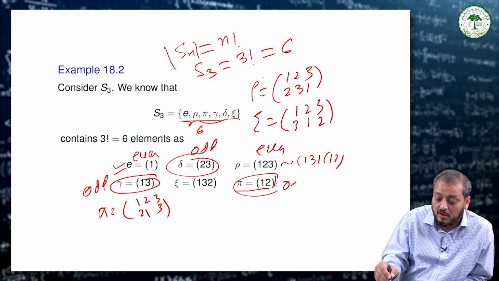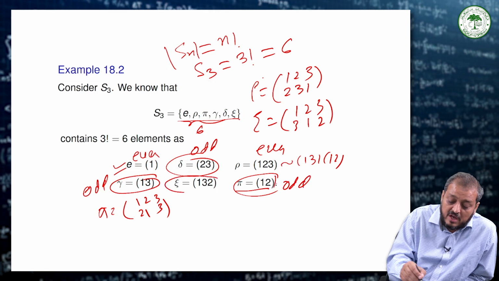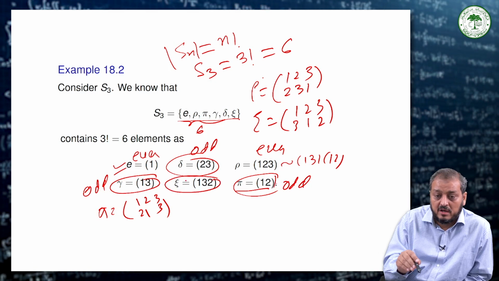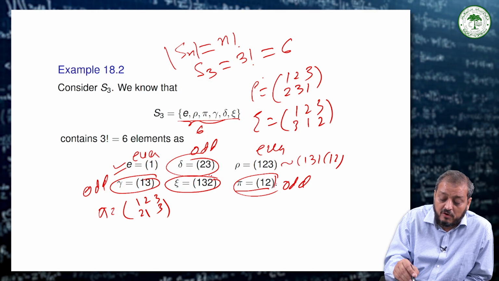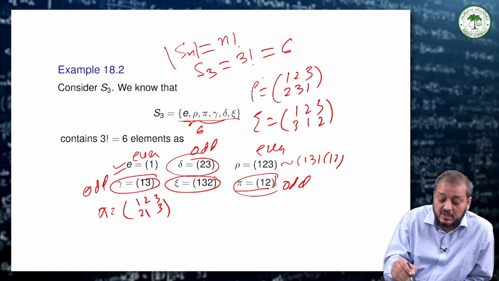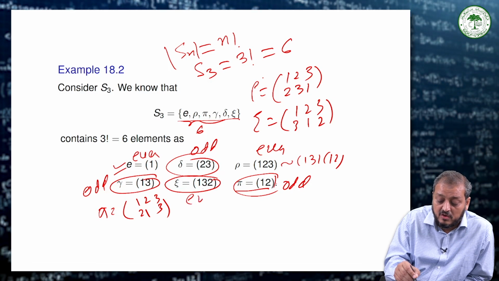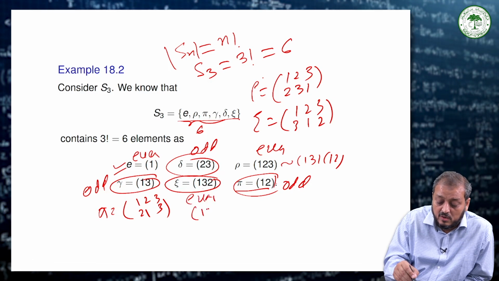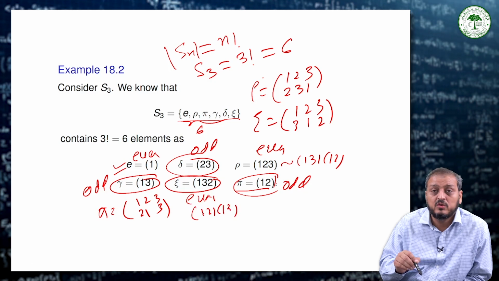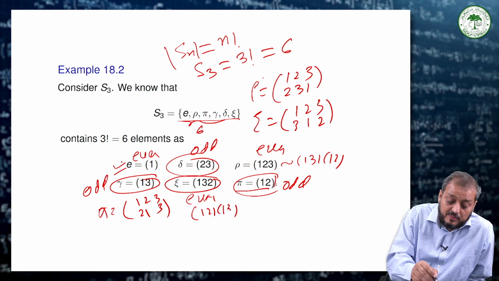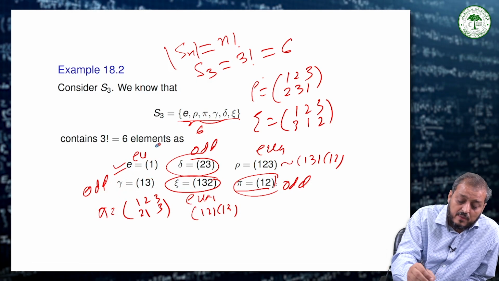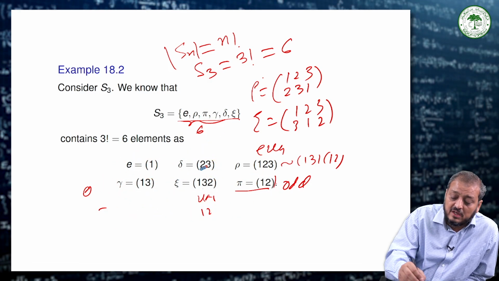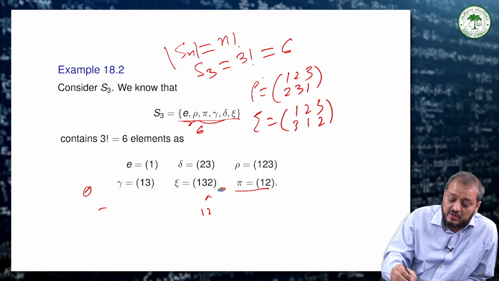Again the order of this permutation is equal to 3, so we can say that this again is even. This can also be written as (1 2)(1 3). So these are the 3 even permutations in this case.